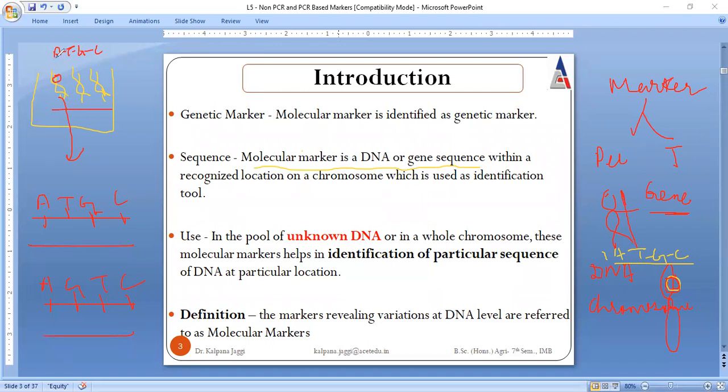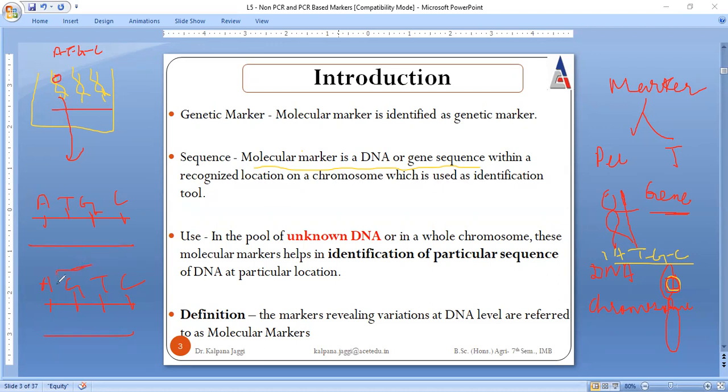Molecular markers are the ones which reveal the variation at DNA level. That means whatever changes are taking place within the DNA at the molecular level. Molecular markers are the markers which are revealing the variations, the changes, letting you know what change is taking place.